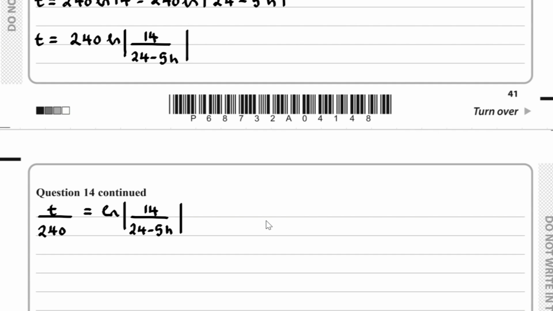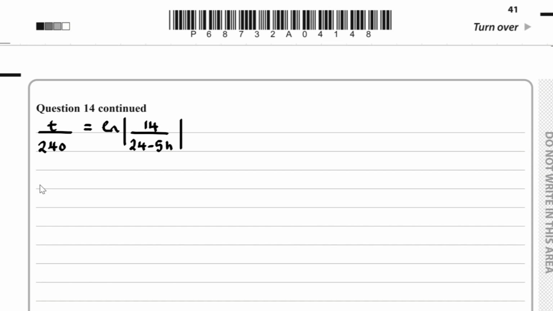If we antilog both sides, we have e to the power of t over 240 equal to 14 over 24 minus 5h.